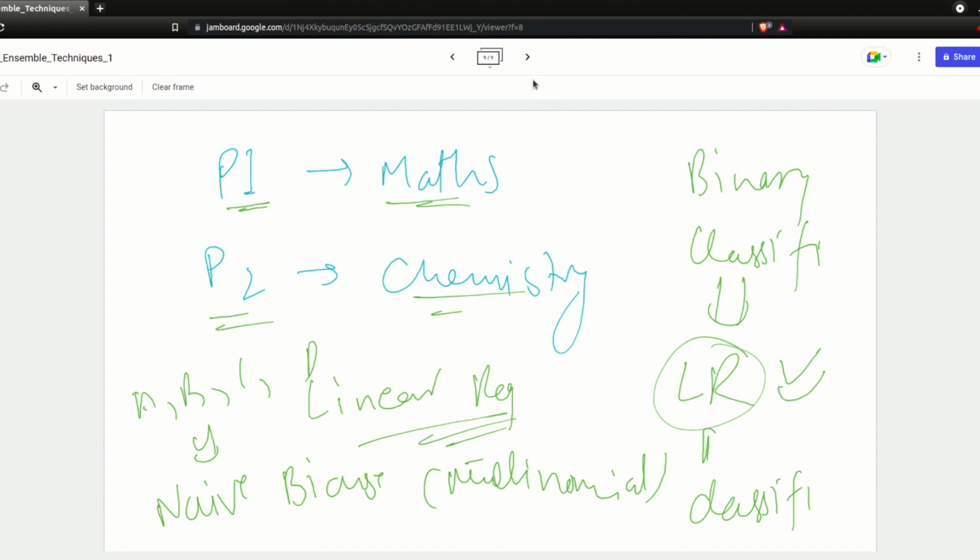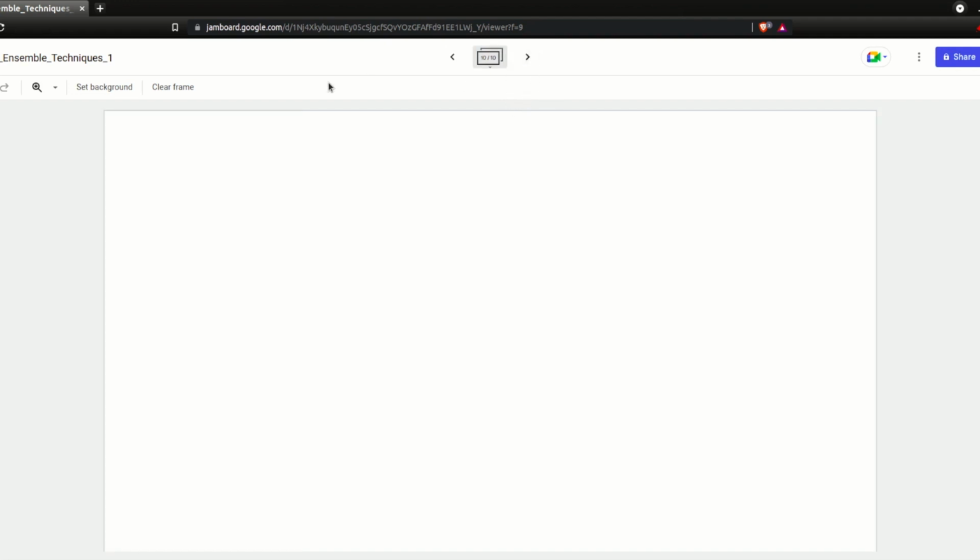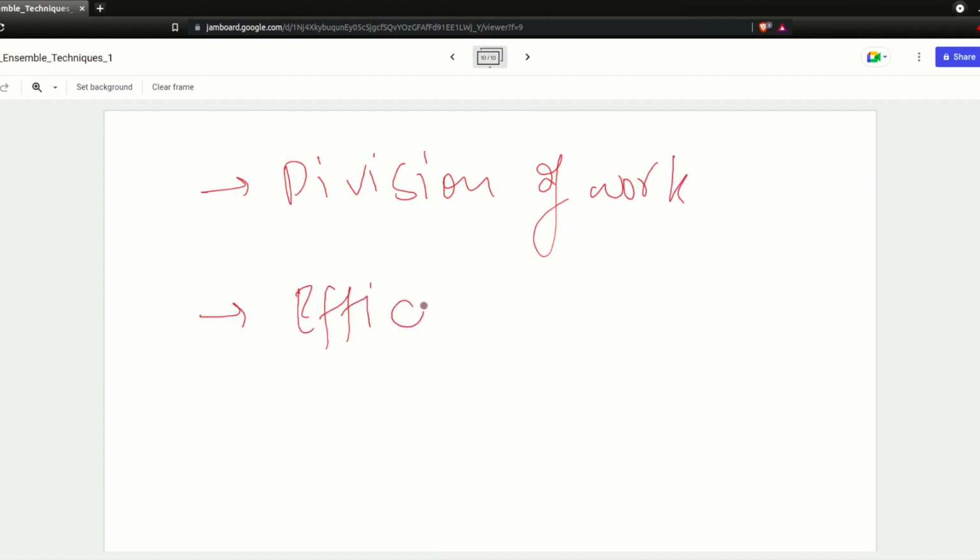So the two things we have to keep in mind: first point is division of work, and second thing, efficient distribution. I think these two points might have hit you properly.